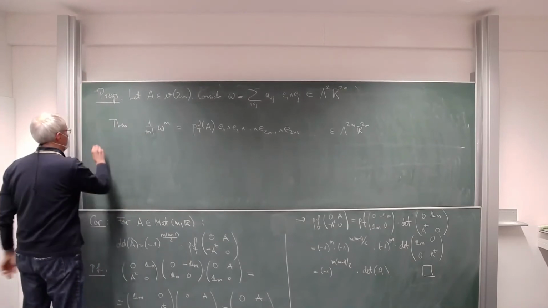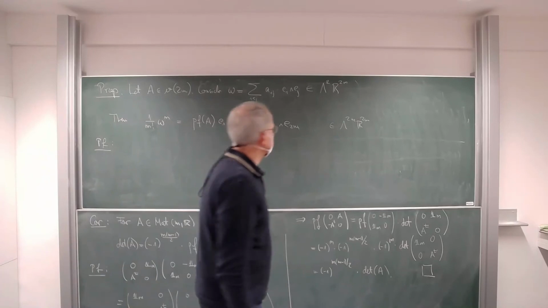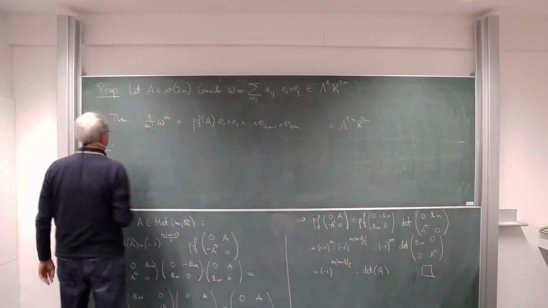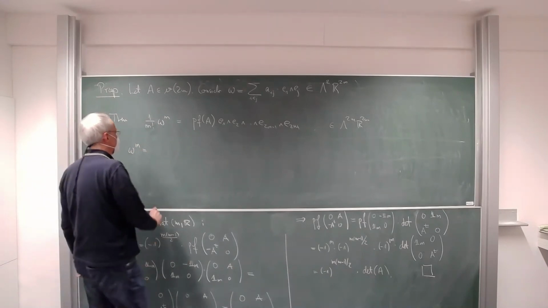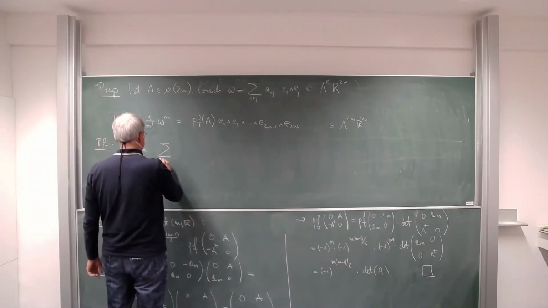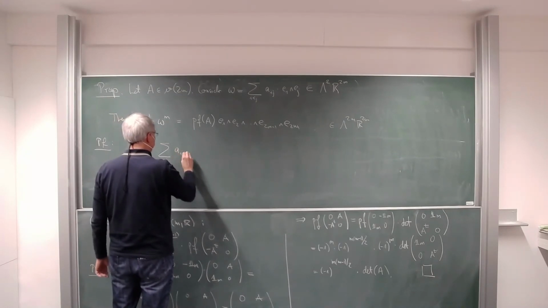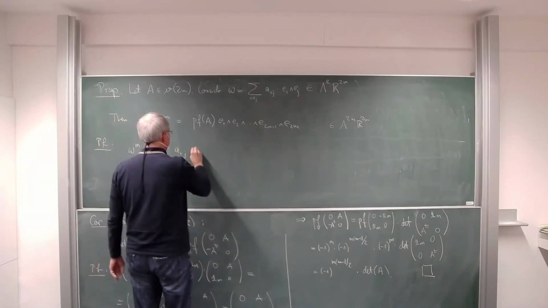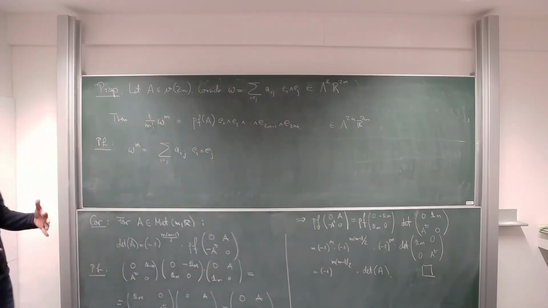So, proof. And basically, let's compute the n-th power of omega. So what do we get? We have the sum over i_1 less than j_1, a_{i_1 j_1} e_{i_1} wedge e_{j_1}. And now we have to take this n times and multiply.